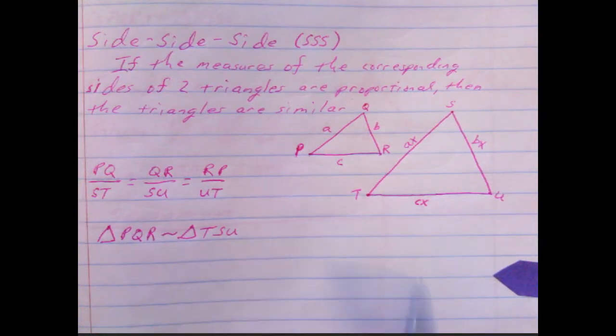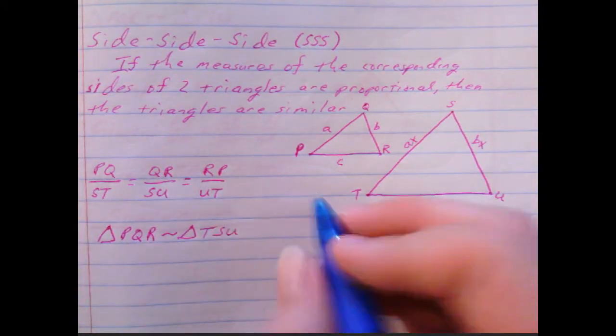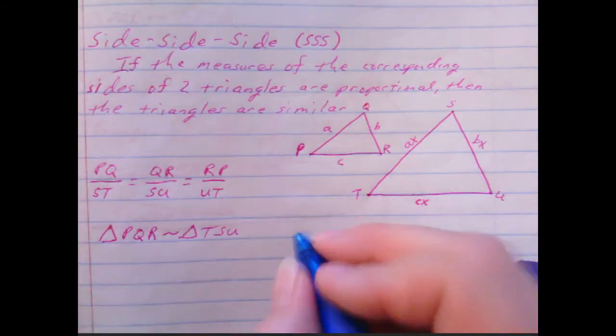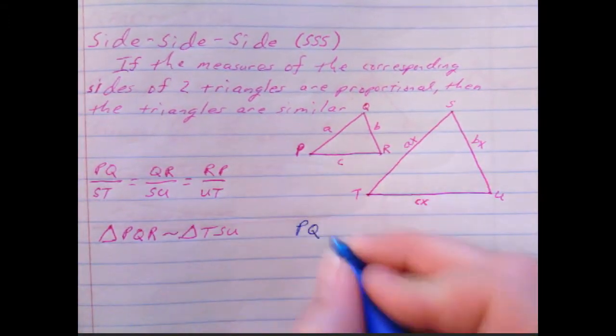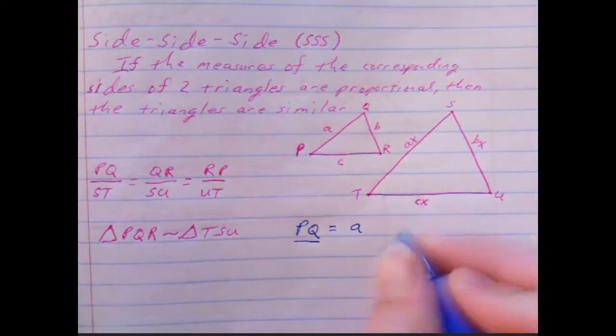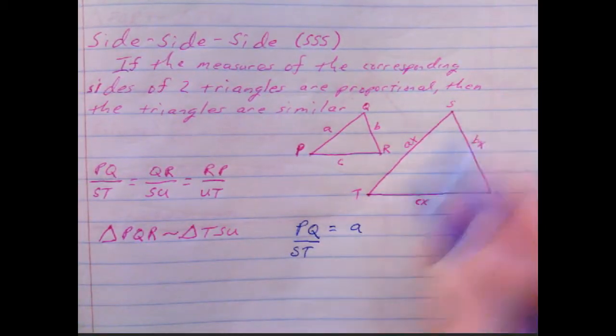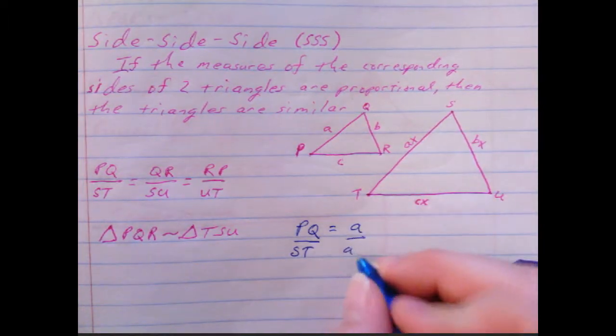And again, just a reminder, when we're doing this ratio, that is finding our scale factor. Our scale factor here, I'll just show you one. If we do PQ over ST, PQ is A and ST is AX.